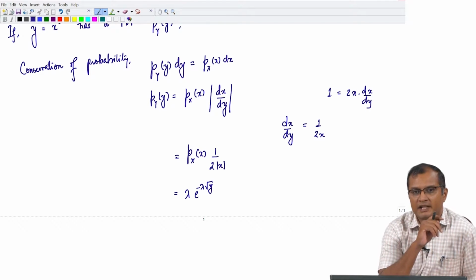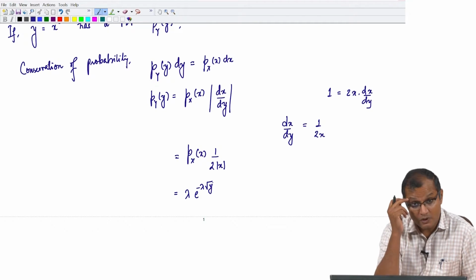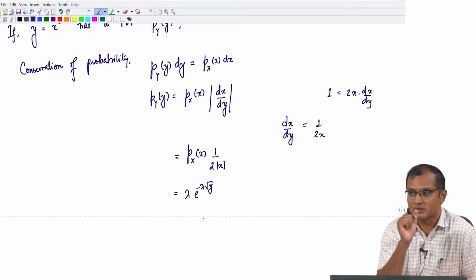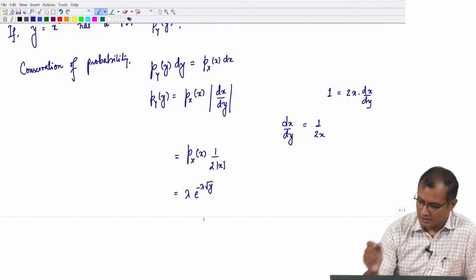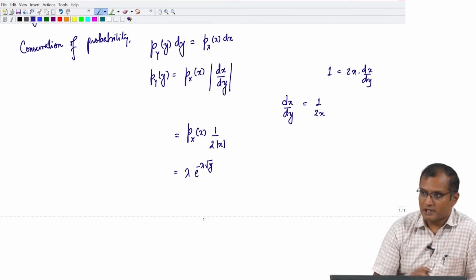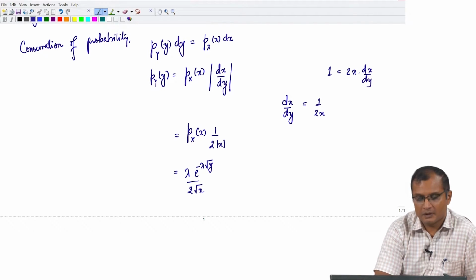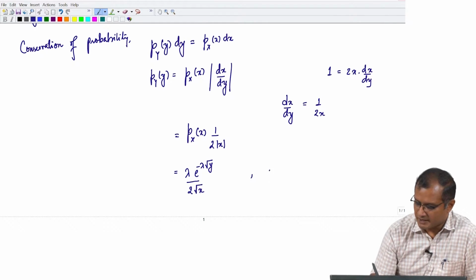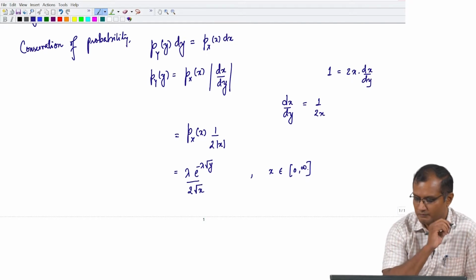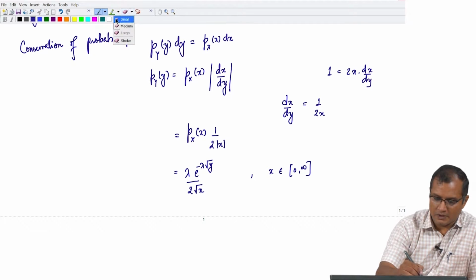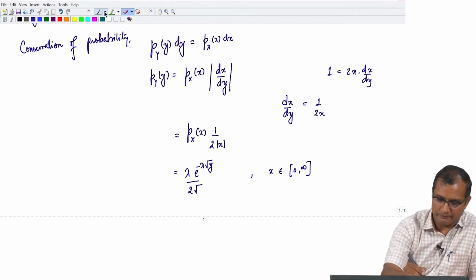I will not take x as minus square root of y, because x is defined in the range 0 to infinity. So, I am going to take only the positive value of x, and I have in the denominator 2 times square root of y.